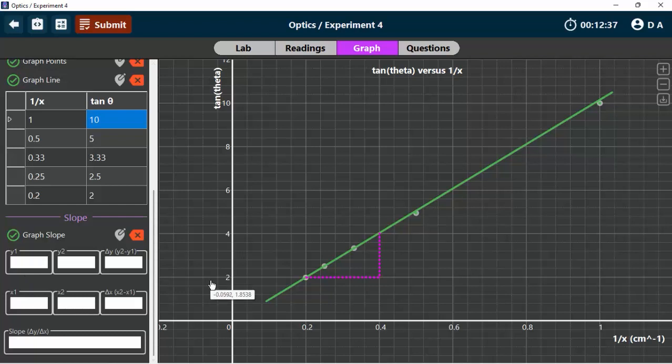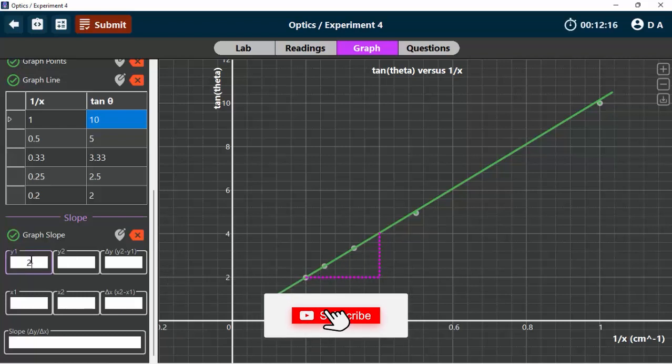Okay, so what is the x1, y1 and y2? So y1 is the value on the y-axis for this first point, and y2 is the value of the tan theta on this other point. So this is point 1, this is point 2, so y1 is 2 and y2 is 4.